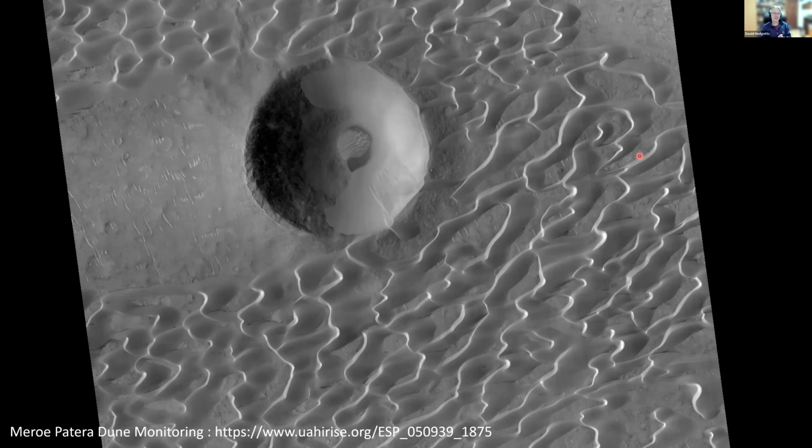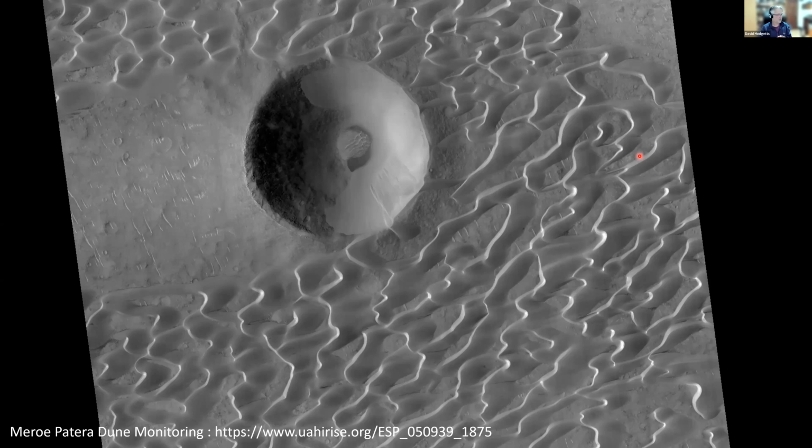And seeing as it's planetary, I thought I would just show a little bit of a planetary example. I haven't done much work on this particular aspect of digital outcrop geology, something that I'm certainly hoping to develop a lot more in the future.